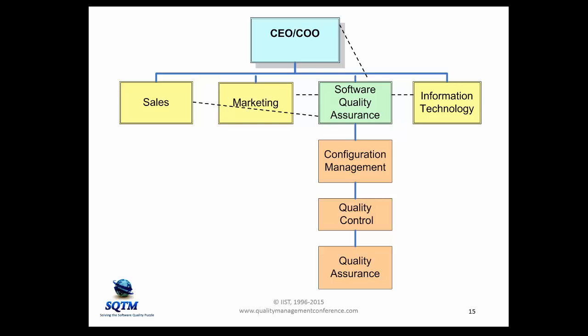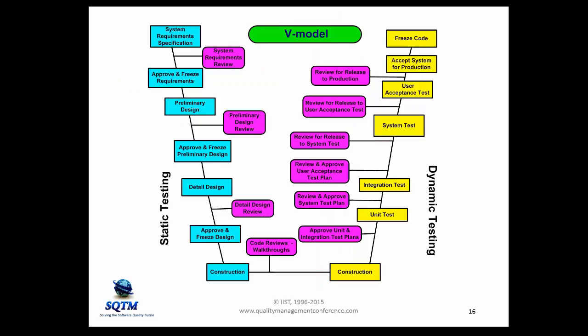So I told you that we were going to look at the life cycle and see how all three of these functions fit in. Well, I'm using the V model. So you may be using something else, but this is the easiest one for most people to understand.